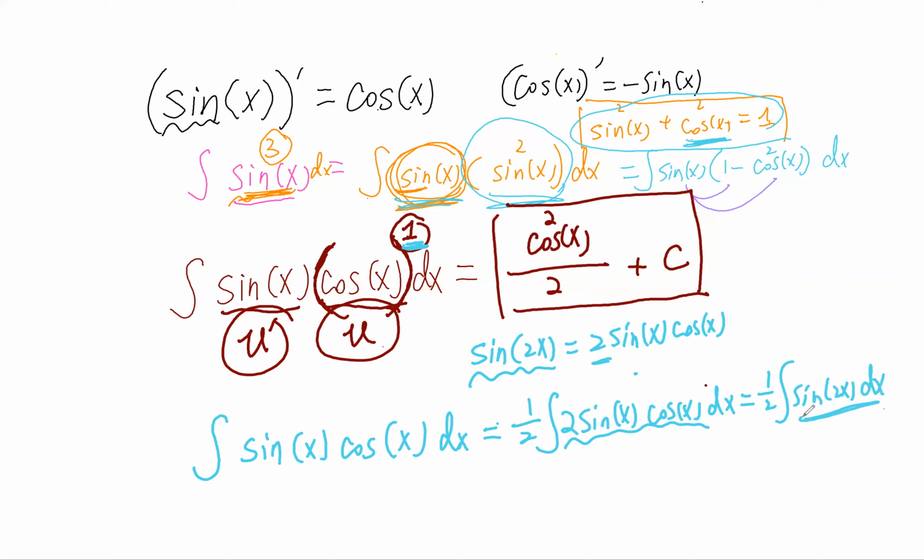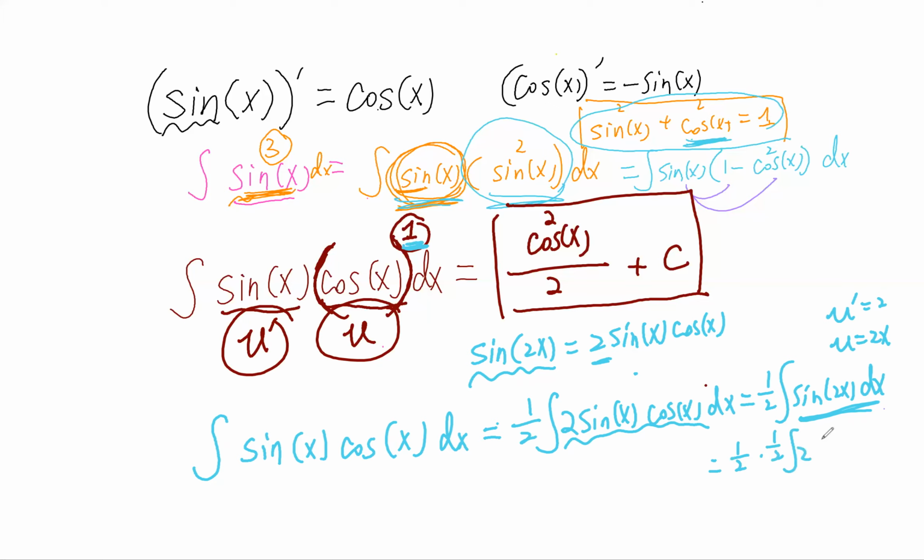Sine 2x, the basic trig function. I need my u, which is my inner function, 2x. The u prime is a 2. I don't have it. I have to do one more time, 1/2, make one more 1/2.